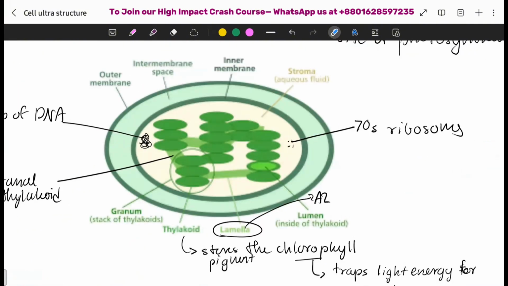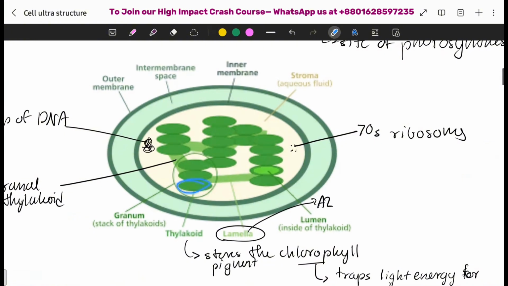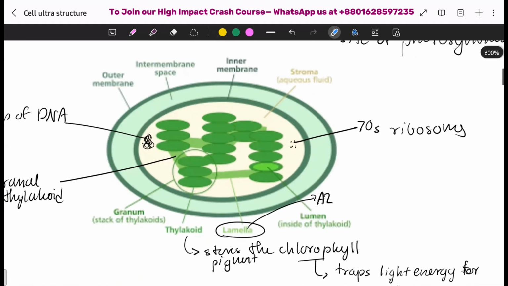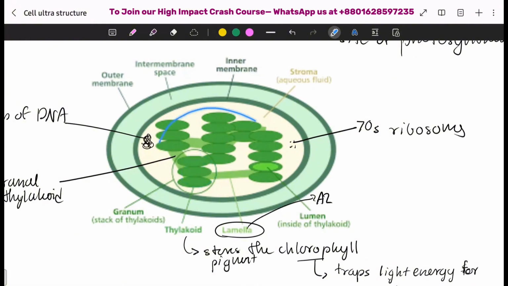And it will also have 70S ribosomes. And what do we have? Thylakoids. Thylakoids are these sac-like structures, and all these thylakoids together form a granum, okay? This one is called a granum. A lot of them together are called grana.